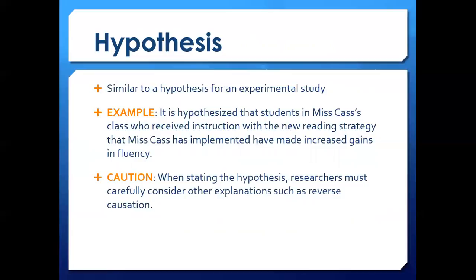If a researcher looked at a group of students who had high test anxiety on a test and then failed the test, they might look at it and say, all these students had test anxiety and did poorly on the test. That means test anxiety causes poor test grades. That's what they're saying is the causation. The causation of the poor test grades is test anxiety.